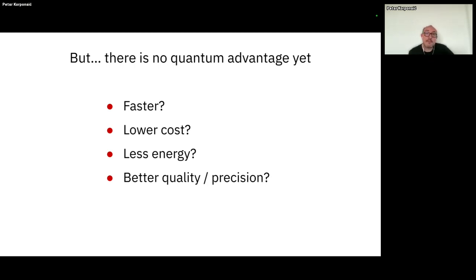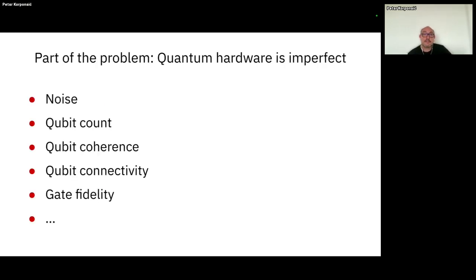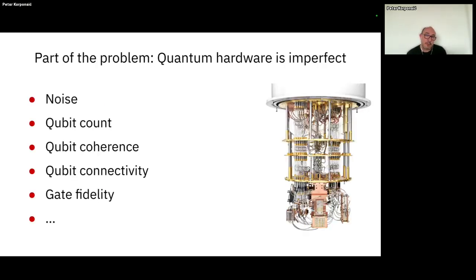So why don't we have a quantum advantage yet? One part of the problem is that quantum hardware is imperfect. In a quantum computer, we are manipulating quantum mechanical phenomena, quantum mechanical effects, and quantum mechanics is strange by definition.